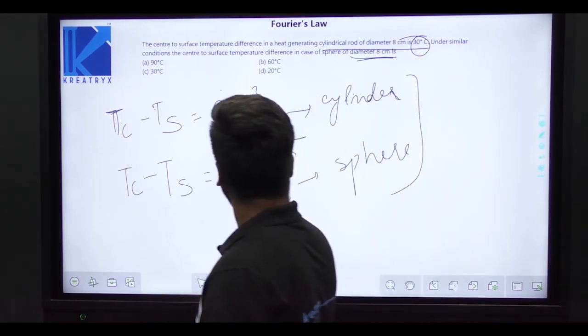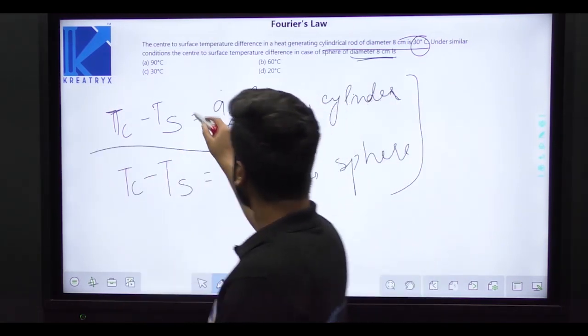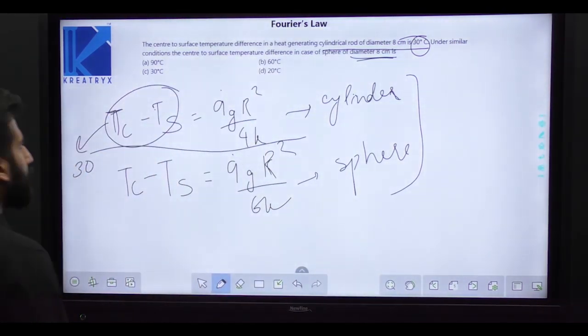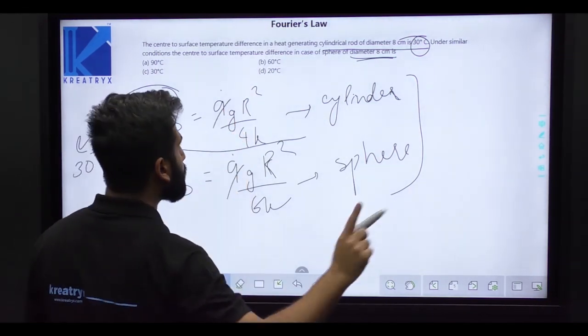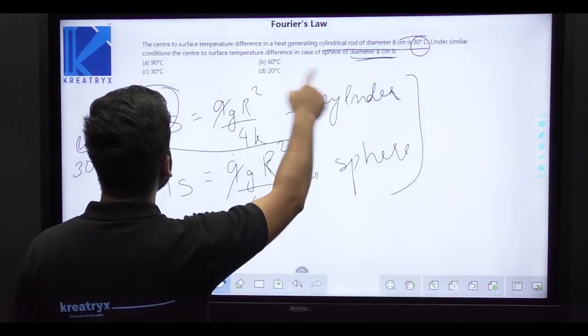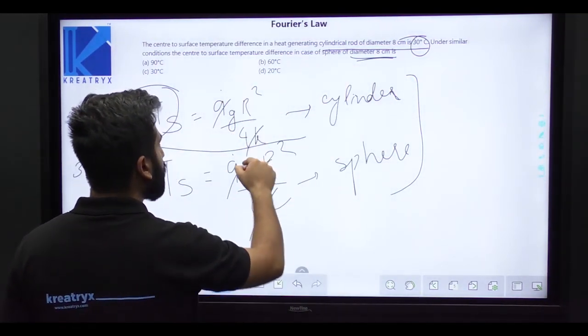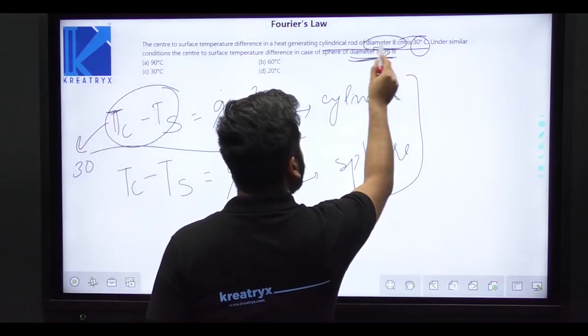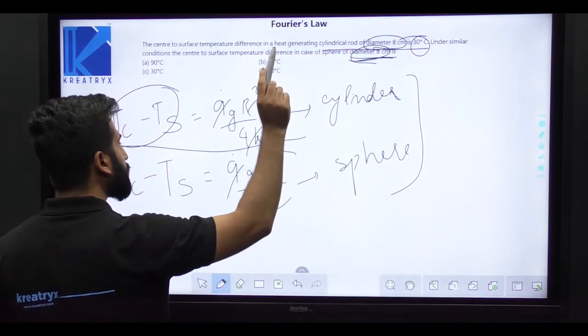So divide it. This we know, this is 30 degrees Celsius. Q dot G cancels out, because under similar conditions, K also cancels out. Diameter 8 centimeter, diameter 8 centimeter, so R square also cancels out.